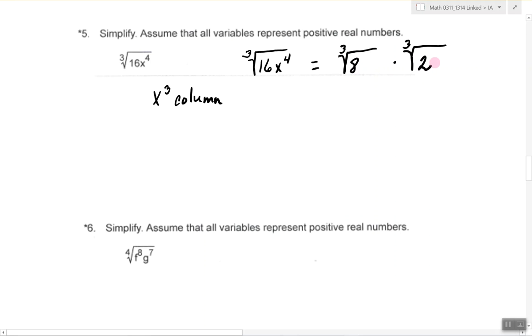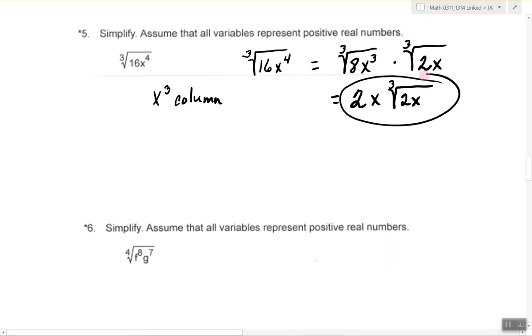It's 8 times 2. Now x to the 4th. Remember that this exponent needs to be divisible by the index. Well, if I take 1 away from 4, I'll have 3, and I can put the single x back there. Now, my front radical, 8 is a perfect cube, x to the 3rd is a perfect cube. The cube root of that is 2x times the cube root of 2x.